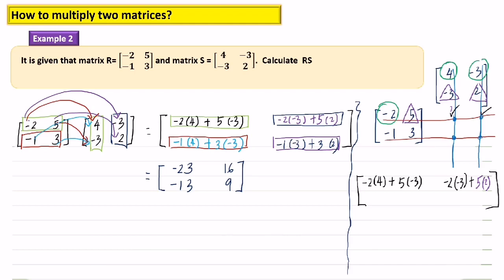Now we proceed with the second row. Second row, first number is negative 1, so negative 1 times 4, plus the second number here times the second number in the first column, 3 times negative 3.